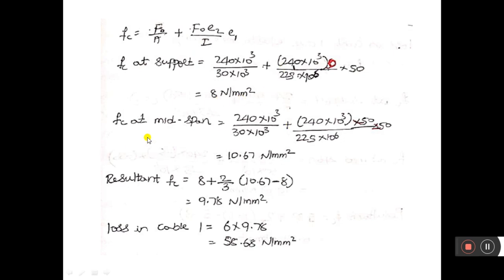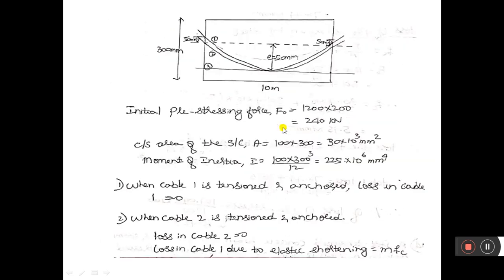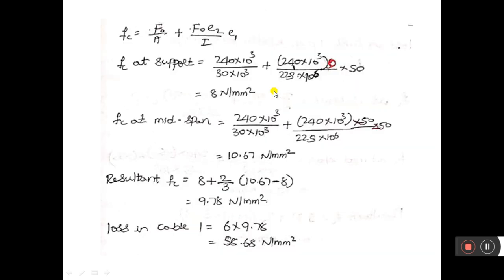Now coming to the midspan. At midspan we have different eccentricity, and what are the compressive stresses developed in the concrete due to eccentricity at the midspan? So Fc at midspan is equal to 240 into 10 to the power of 3 by area plus the formula is same, but here E1 and E2 change. So cable 2 is having an eccentricity of minus 50 and cable 1 is having an eccentricity of minus 50.